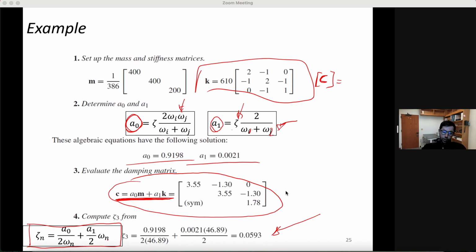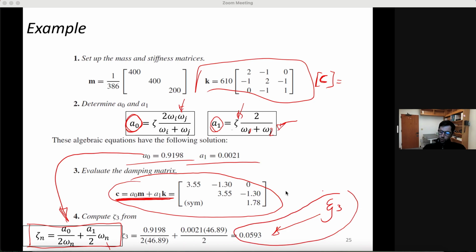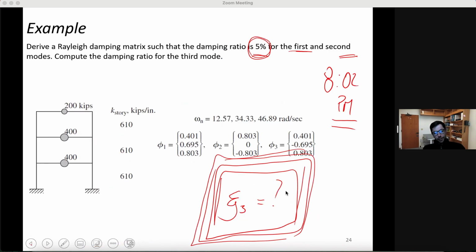Then, here you will be writing the frequency of the third mode of vibration, with A0 and A1 obtained before, to obtain the equivalent viscous damping for the third mode of vibration, which is larger than 5%. In this problem, it is roughly 6%.